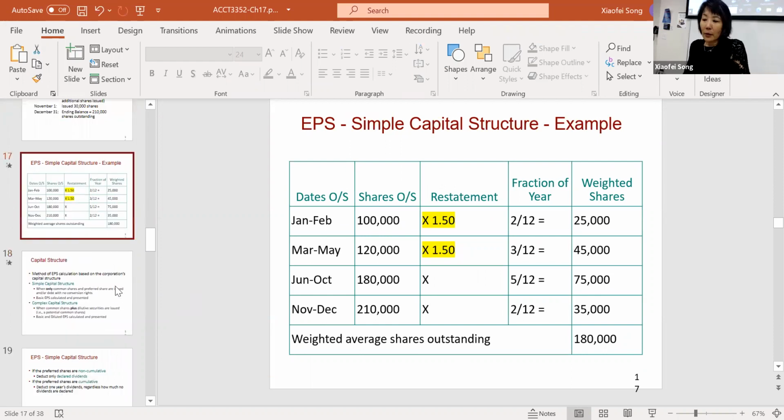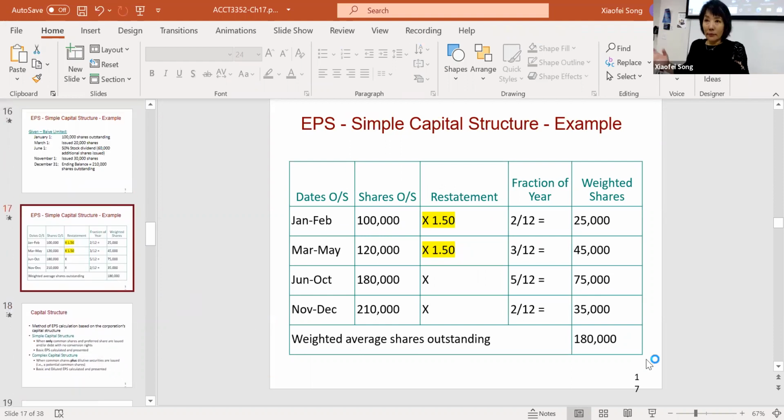So now you get the denominator for basic earnings per share. On the numerator, we determine earnings available to common. On the denominator, we determine the weighted average number of shares. I'm just going to sidestep for one more second. What about the earnings attributable to non-controlling interest?